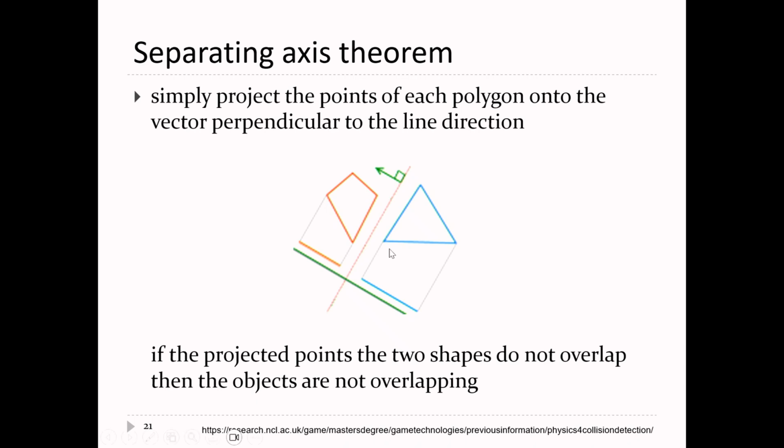If I project all of these points onto the green axis, the range of those points is from there to there. So if you imagine that green line is the local x-axis, I know that the max of the red values is less than the min of the blue values. Therefore, the two intervals are not overlapping. Therefore, the shapes don't overlap.